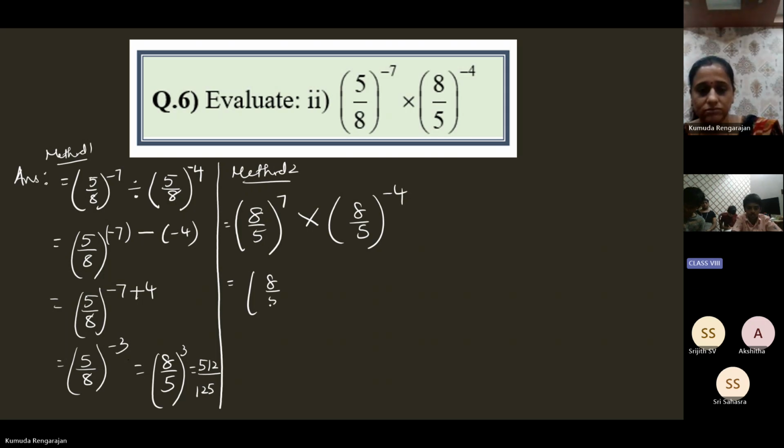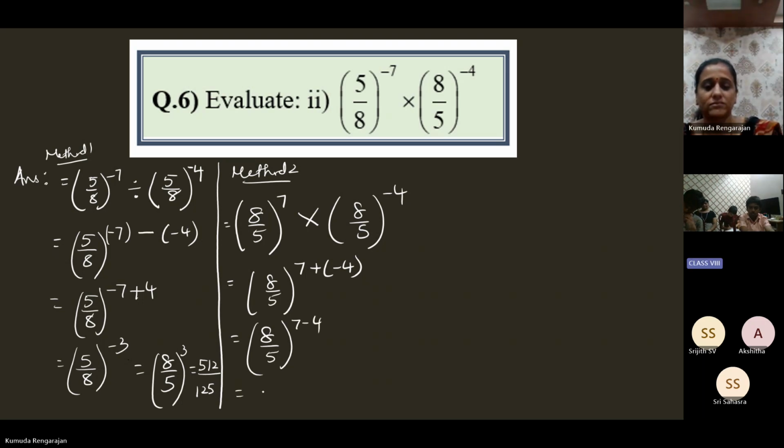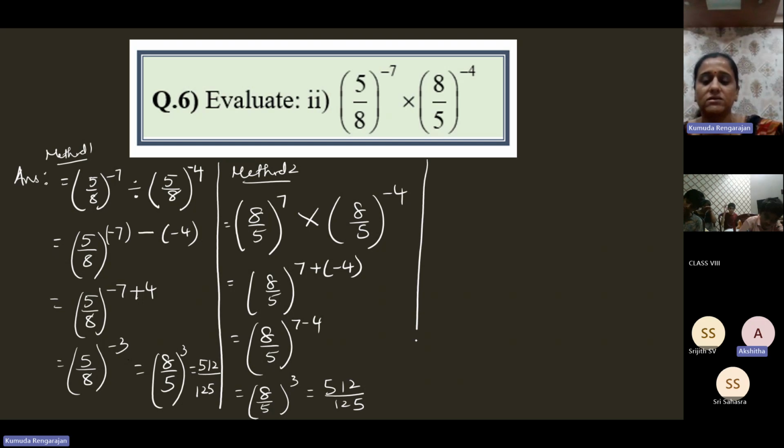Ma'am, yes, ma'am, I found the answer also. Same answer for 3 methods. Plus minus 4, minus 3 equal to 512 by 125. Akshita, tell me if it's clear.